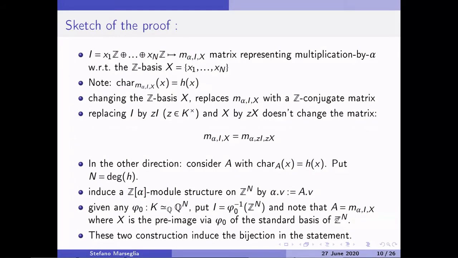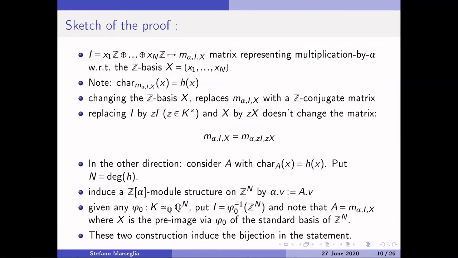All right. So to every matrix A, we have associated an ideal, and it's an exercise to prove that this is well defined. Actually, this construction is the inverse of the construction that I described in the first half of the slide. In particular, they are inverse to each other, and we get the bijection in the statement.